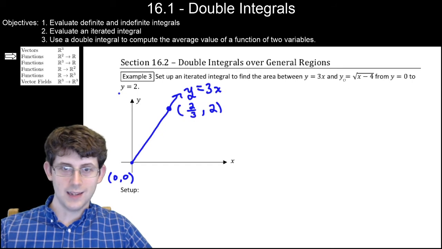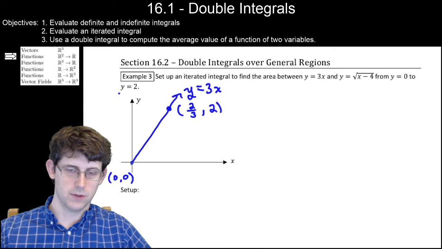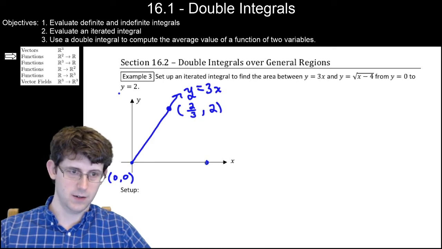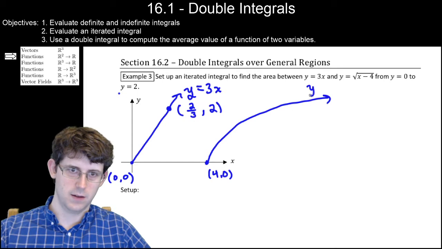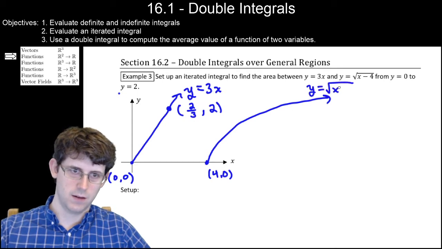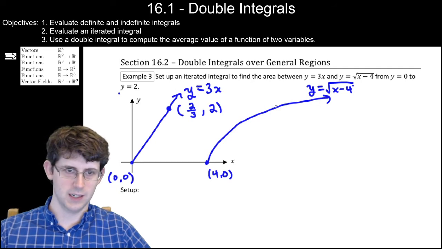Then we've got y equals the square root of x minus 4. Uh-oh, so the square root of x minus 4 is all the way over here, and goes this way. Where does this equal 2?